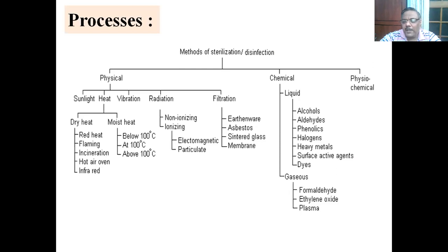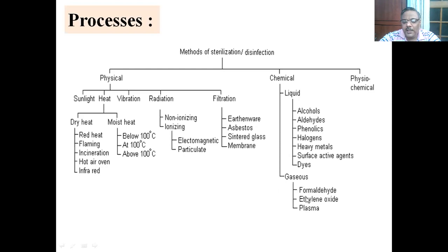And we have chemical means like alcohols, which we are using these days. I think we are using it more than what is required and what was supposed to be. And the gaseous disinfectants. So right now we are concerned with the gaseous plasma.